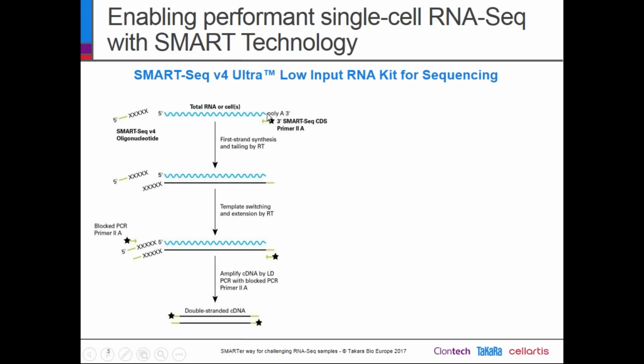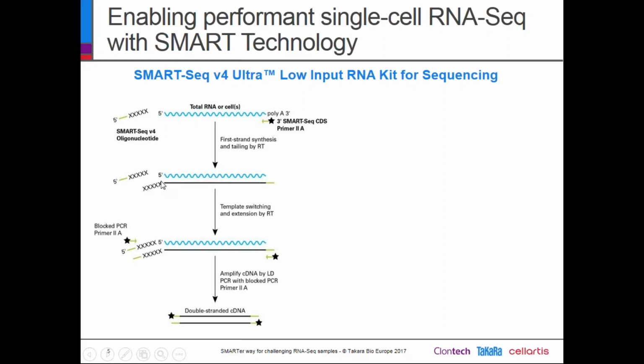It is based on two properties of the reverse transcriptase that we use to do the cDNA synthesis, which I will describe here. We start the reverse transcription with an oligo. In this case, it's an oligo dT, which also contains a known sequence, shown here in green, called the SMART sequence. And then the reverse transcriptase will do the reverse transcription.